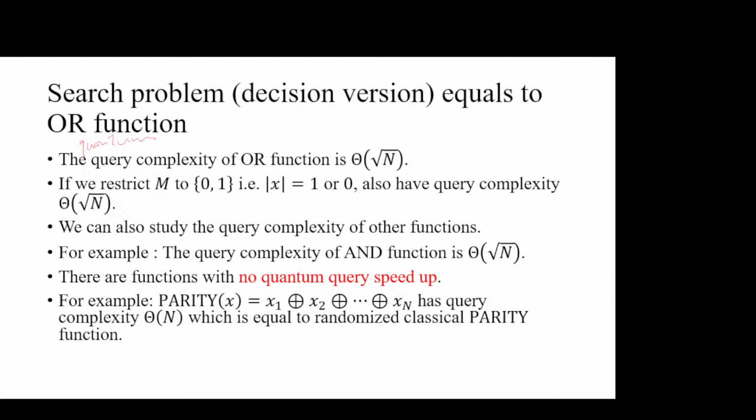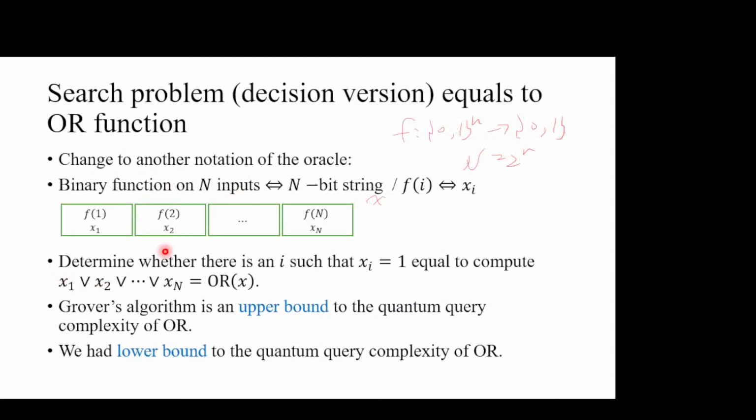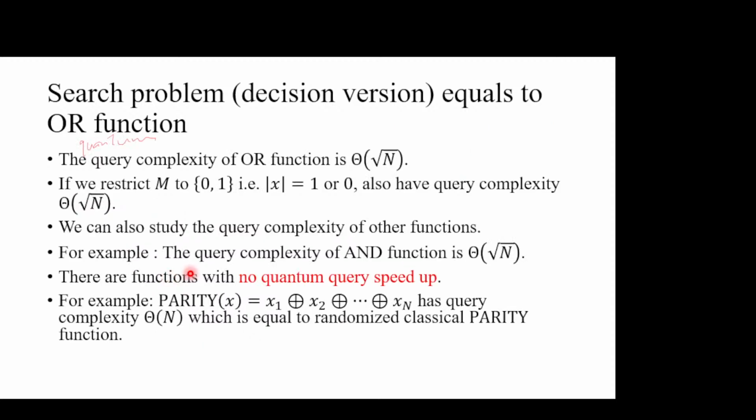We also see that if we have some promise on our input, we restrict the Hamming weight of x, meaning the number of ones in this x, to be either 0 or 1.